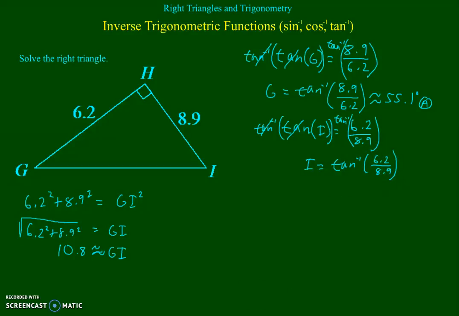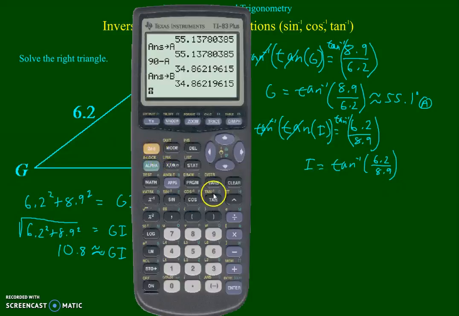Let's go back into our calculator, and arctan of 6.2 divided by 8.9. And you can see we get the exact same result. The reason you don't want to do this on a test is because obviously this takes longer than just subtracting the two numbers.